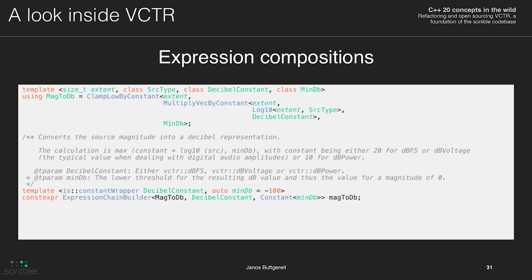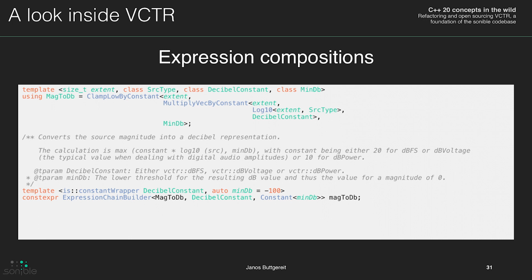One last thing. We have some expressions that are actually compositions of multiple individual expressions. I brought you our magnitude to dB expression here, which will compute the log 10 of the source, then multiply this by a decibel constant, either 10 or 20, depending on the context. And then we'll clamp the result by a minimum dB level.